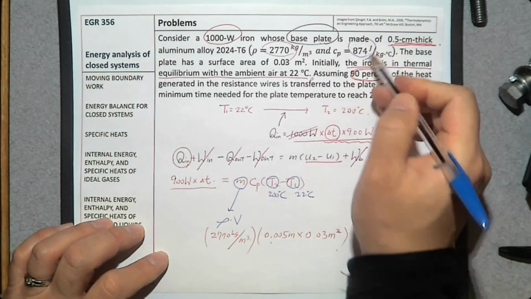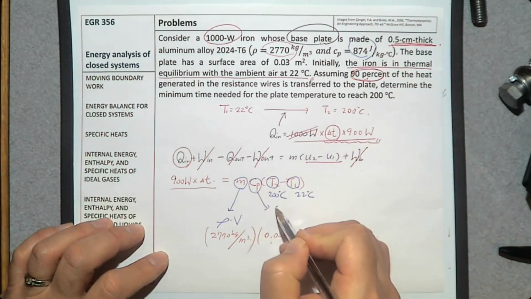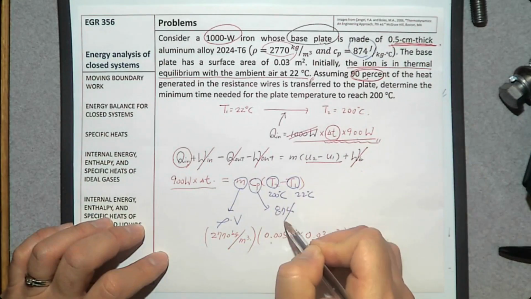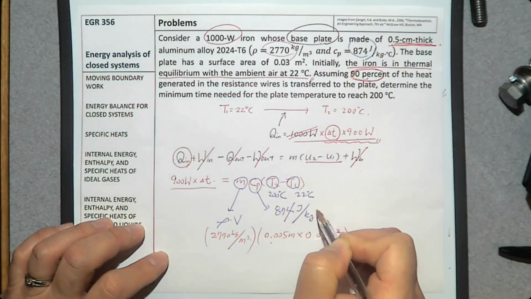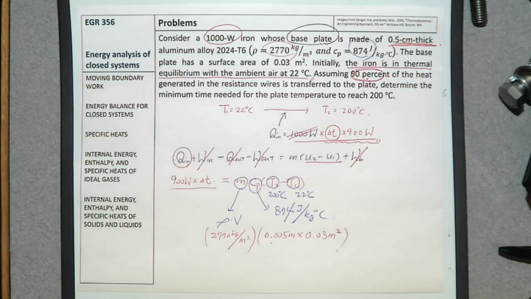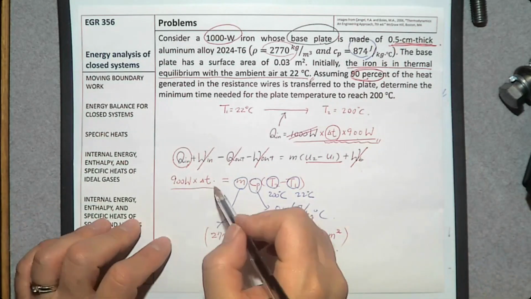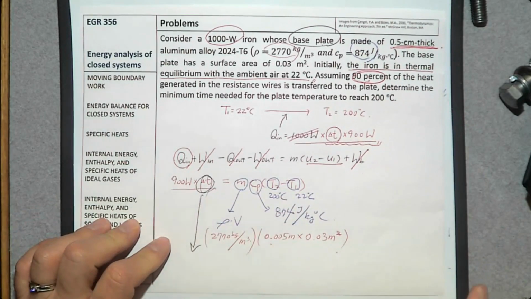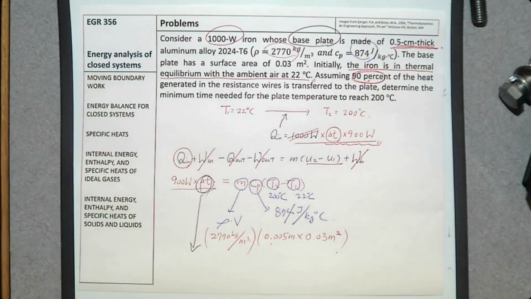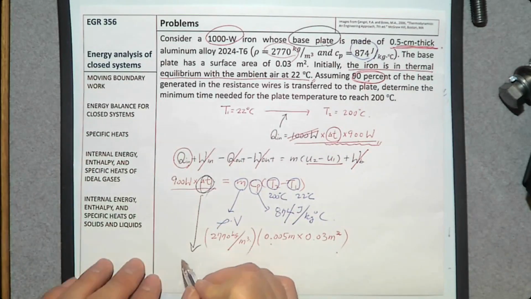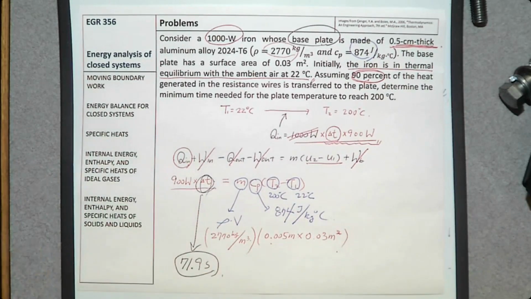It is given, 874 joule per kilogram degree C. So we have everything. Can you determine how long it takes? Now, yes. So we need 71.9 seconds to raise the temperature of this iron to 200 degrees Celsius.